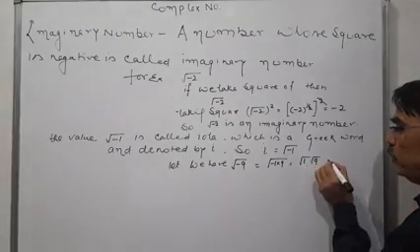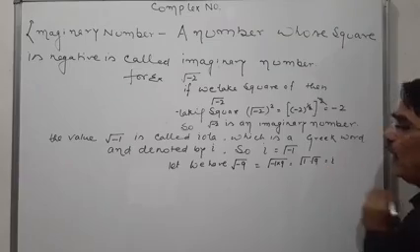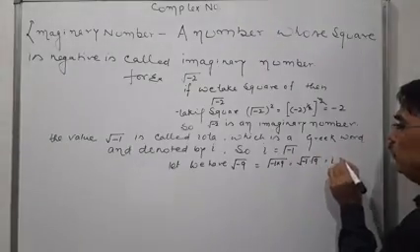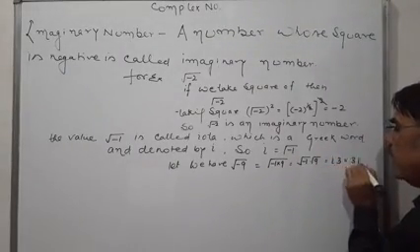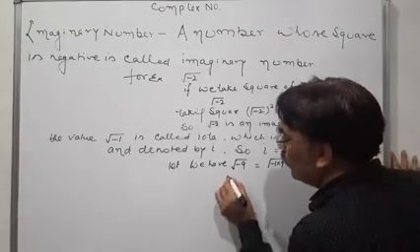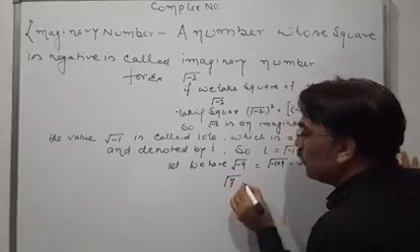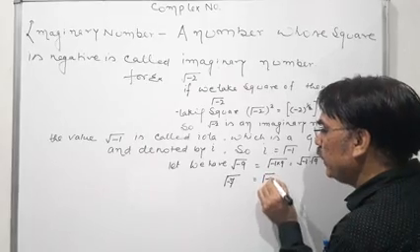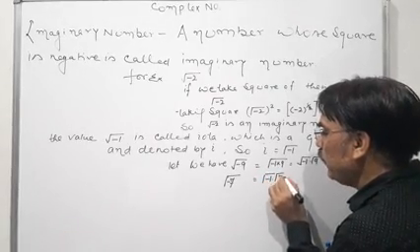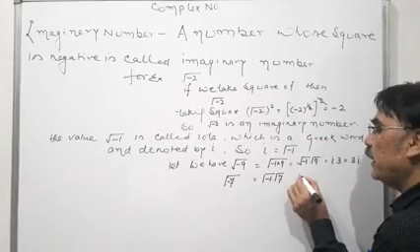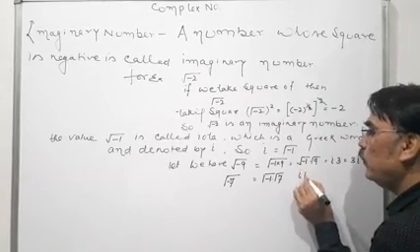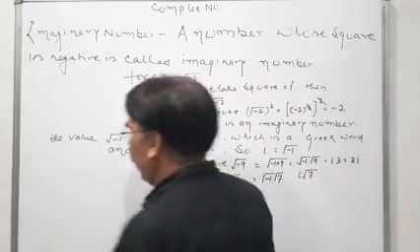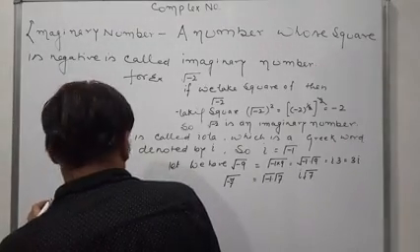We write under root minus 1 as i and root 9 as 3, then we can write it as 3i. We have root minus 7, then we write under root minus 1 into under root 7, and we can write it as i root 7.